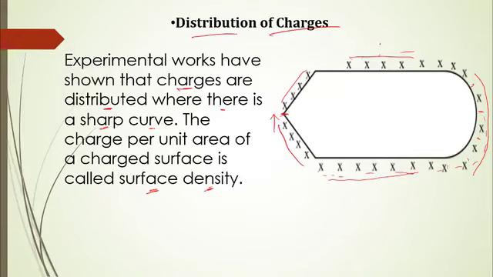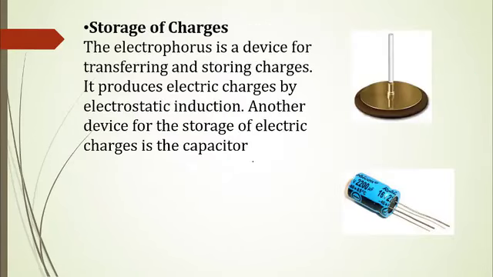So in your exams, they could label something like this: A, B, C, D. And they will ask you, at which point on this conductor is the charge highest? Is it point A, point B, point C, or point D? Of course, the answer to that is point B. That is the surface density, where the charges are densely concentrated.